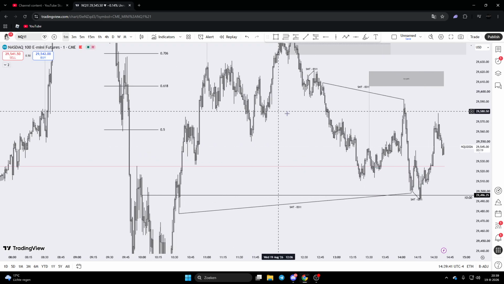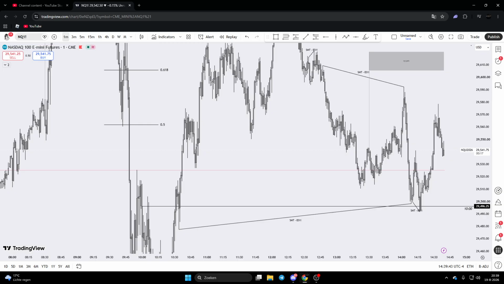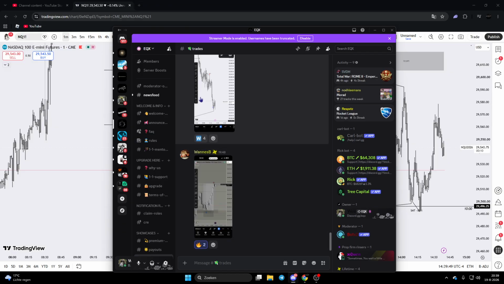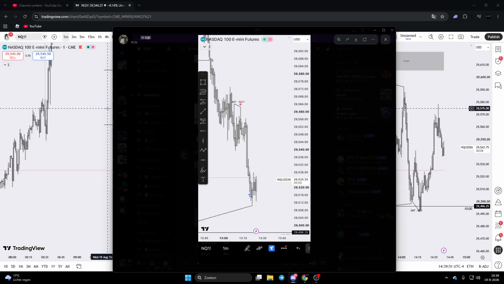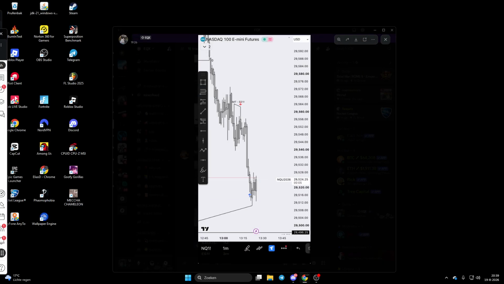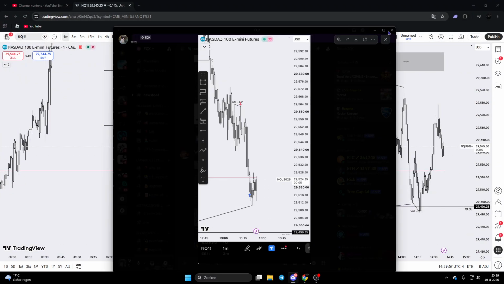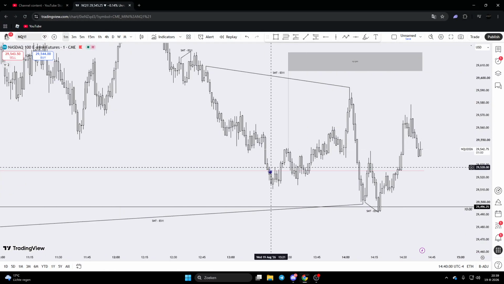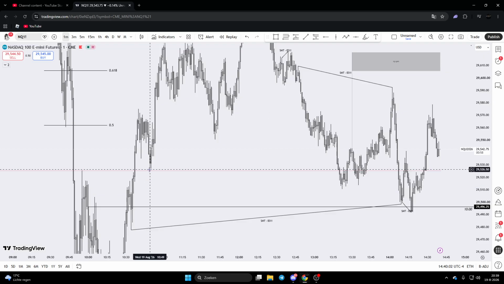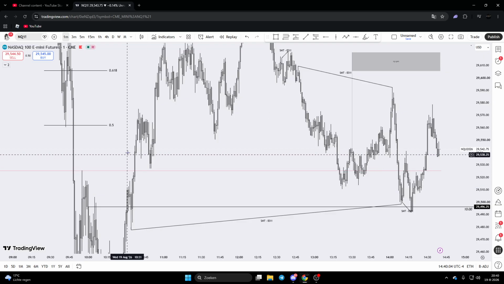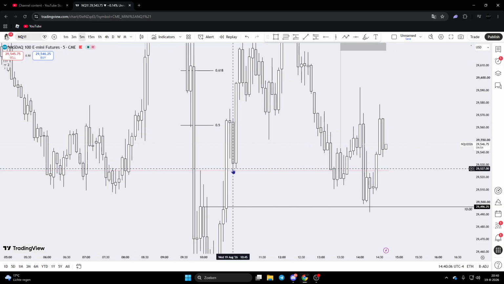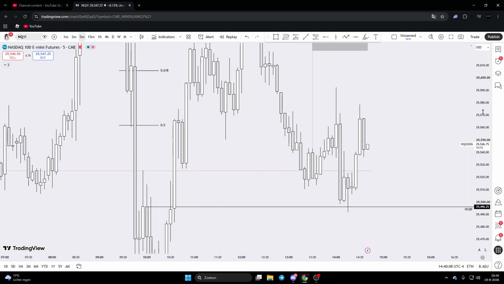So I did take a very small trade today. I don't know where it is though. If you can see here, this was a short I took. I was very sure about us hitting midnight open with these equal lows, these two in this 5-minute fair value gap.